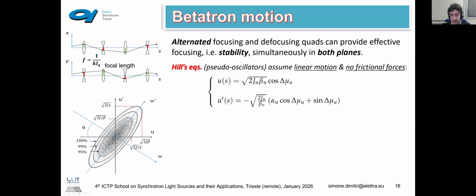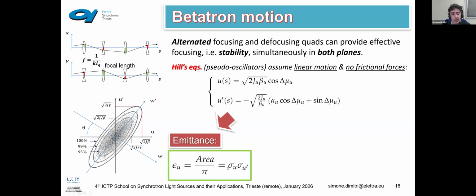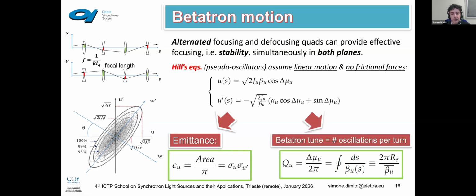The area of this ellipse is what we call the emittance already. For a properly oriented ellipse, we can calculate its area as the product of the semi-axes, which are nothing else than the spot size and the angular divergence of the charge distribution. So this emittance is, under given assumptions, a constant of the motion.